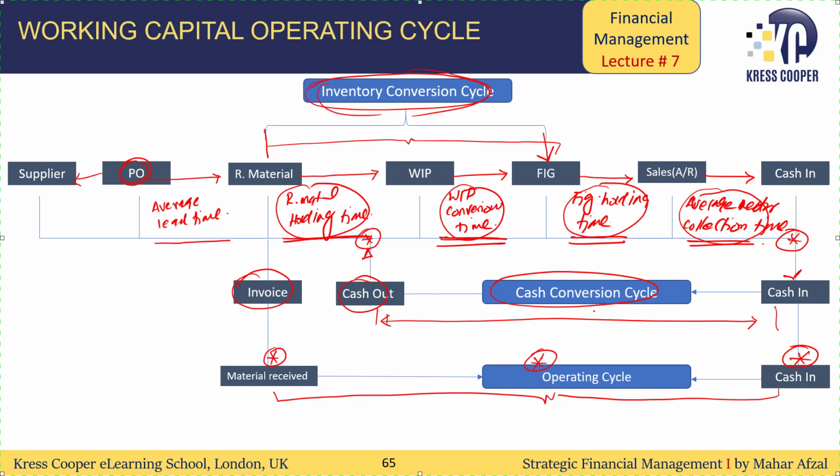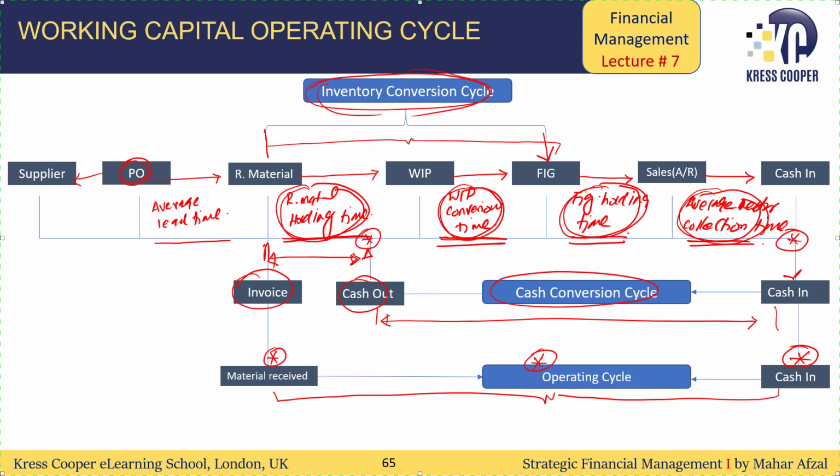If I am taking the cash conversion cycle, I can say it will be average debtor days plus finished goods holding time plus work in process conversion time plus raw material holding time, less the time between when the raw material has been received and the cash has been paid to the supplier, which is called average creditor days.